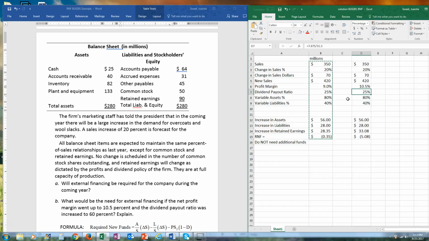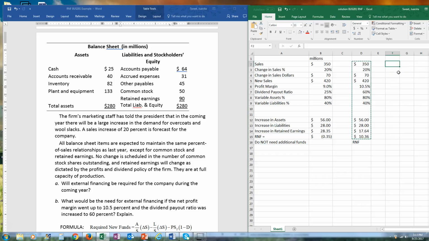But what if our dividend payout ratio went from 25 to 60%? We would then get an answer of 10.36 million. So we would have to go out and borrow. We need to get required new funds of $10,360,000. And with this, you can actually play what ifs.